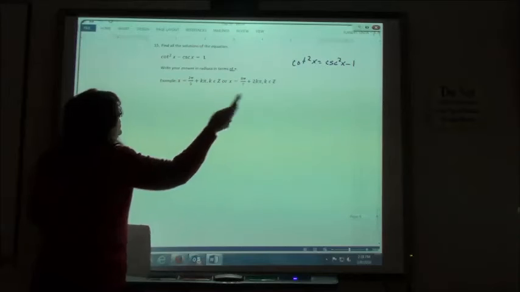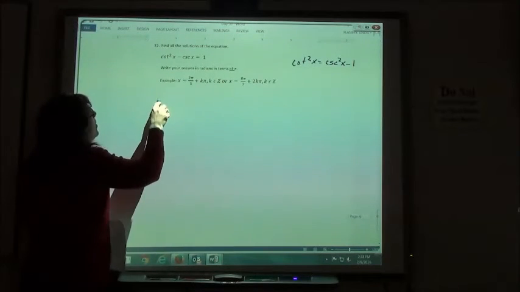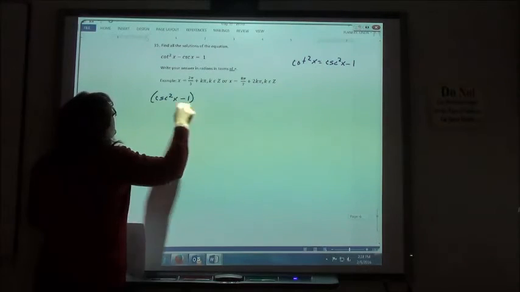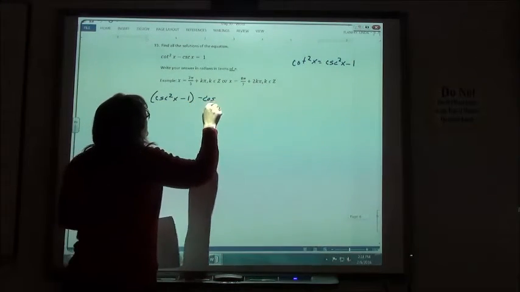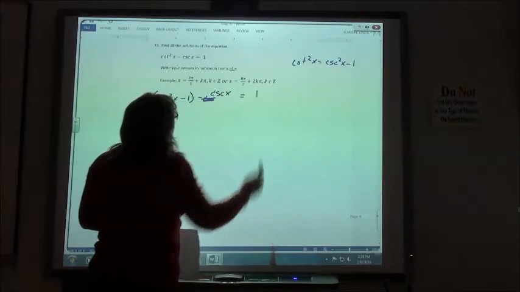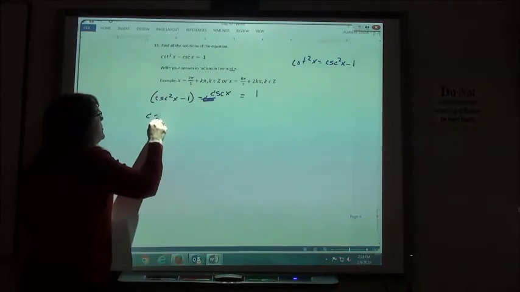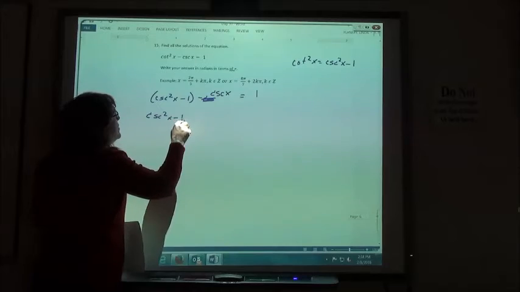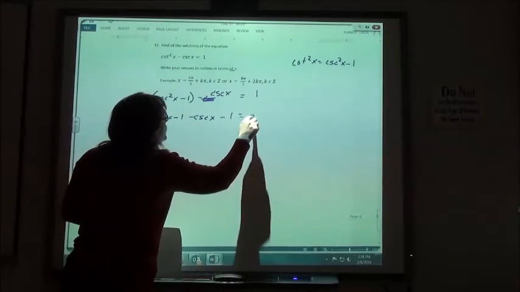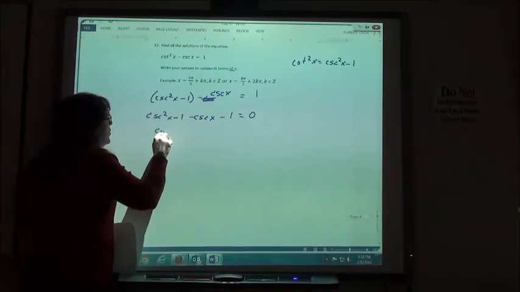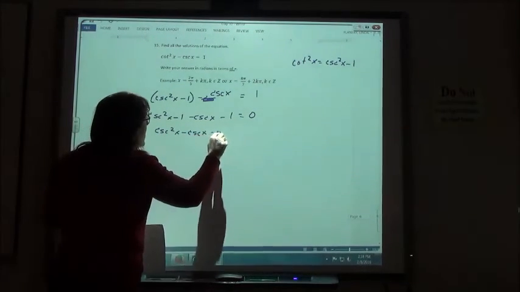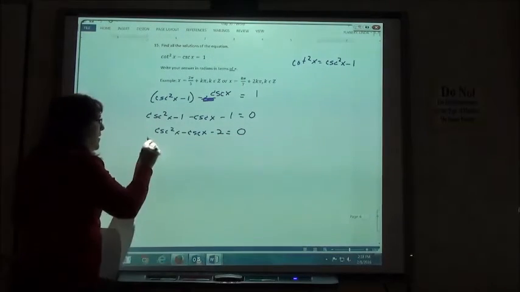So, substituting in for my cotangent squared, I would have the cosecant squared of x minus 1 minus the cosecant of x equals 1. So, cosecant squared of x minus 1 minus the cosecant of x, that would be minus 1 when I move that over. So cosecant squared of x minus cosecant of x minus 2 equals 0.